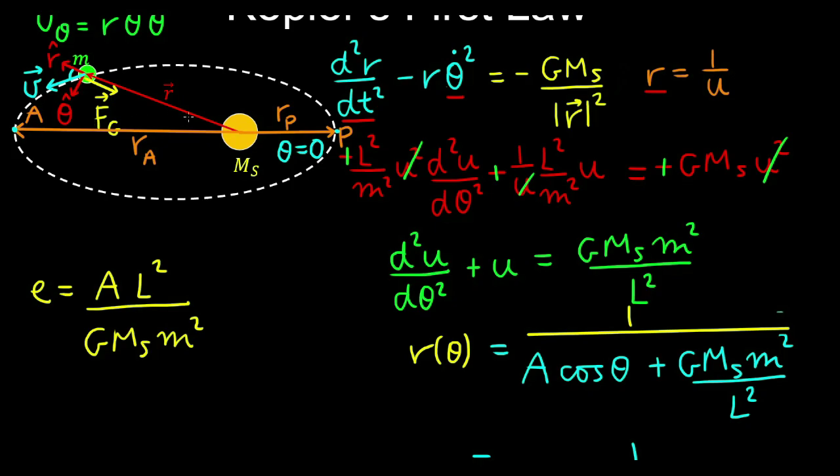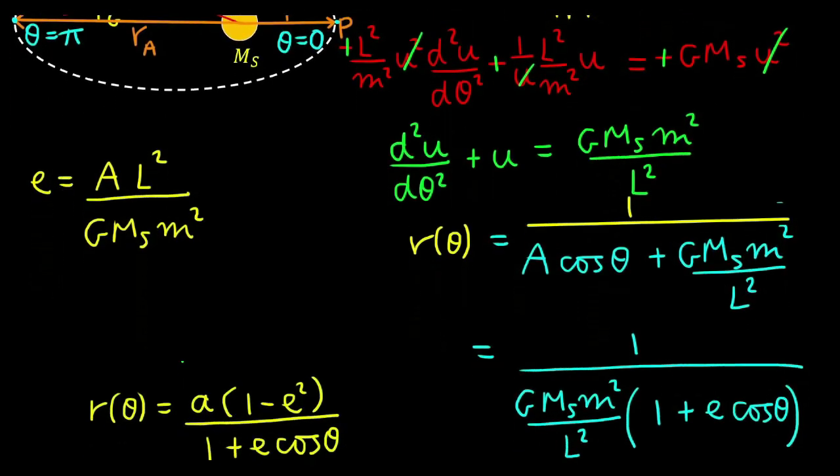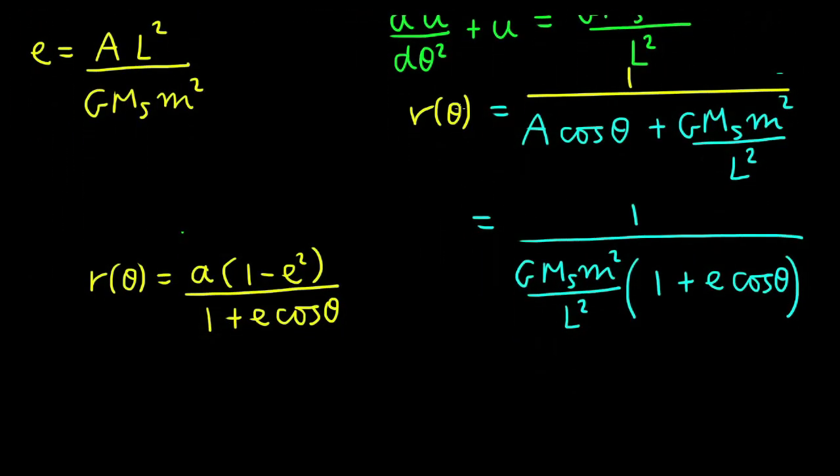And aphelion is obtained when theta is equal to pi. So when theta is equal to 0, we get the closest point in the orbit being perihelion, and that's equal to 1 over this term, which is G M_s times m squared on L squared, times 1 plus the eccentricity.